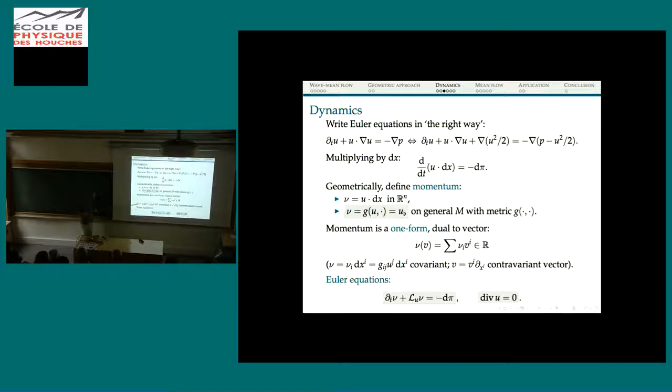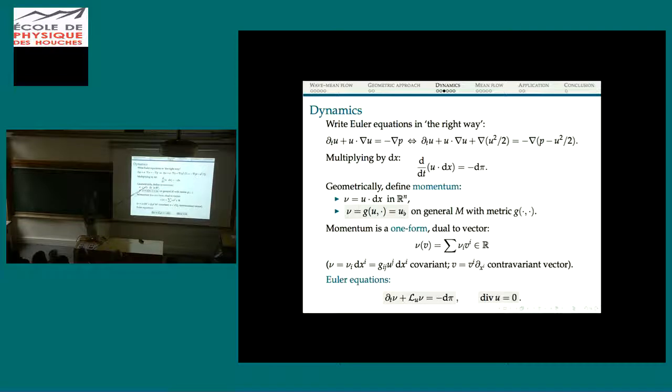Okay, and so if you want to do things in coordinates, then my nu will have this form if I have coordinates x^i. So these are the components. There is a lower index for it, and it's related to the velocity here using the metric tensor to lower the indices. Okay. So the point is that it's a more natural object because it crops up in here.